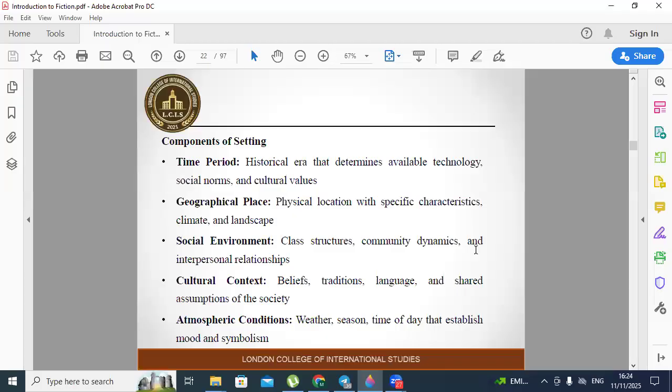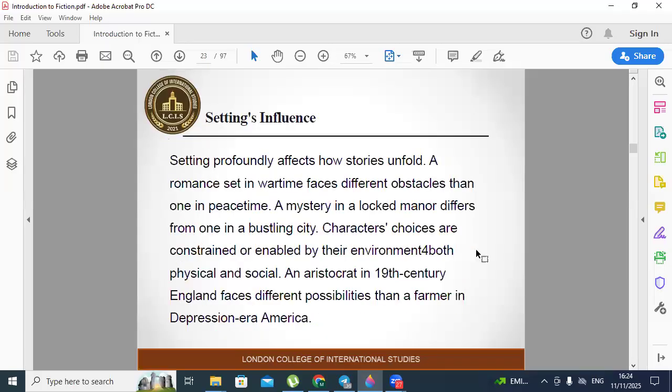Let's go to setting's influence. Setting profoundly affects how a story unfolds. It's not a neutral background, but an active force. A romance set in wartime faces different obstacles than one in peacetime.